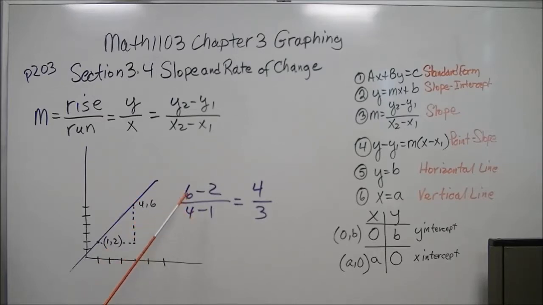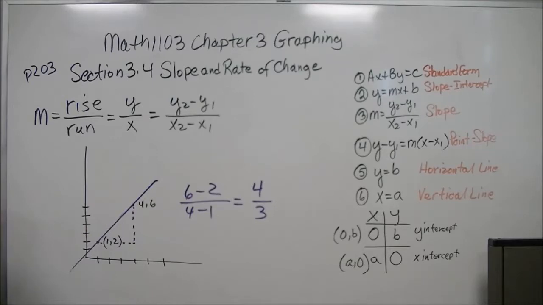And then we go x sub 2, which is 4, minus x sub 1, which is 1. And that gives us a 4 over 3. So our slope of this particular line is 4 units vertical, 3 units horizontal.